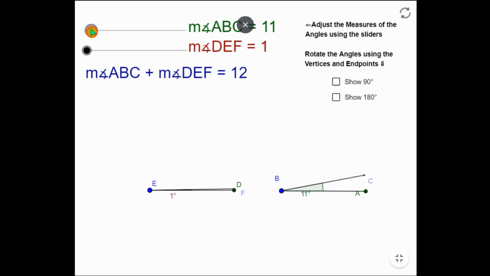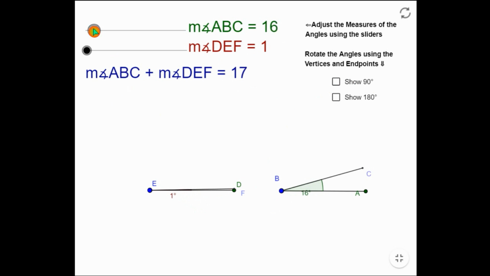If we try to rotate it and move, you will also see na nagbabago yung sum nilang dalawa. 17 degrees etong ABC, eto ay 1 degree pa rin. Pag plinas natin 17 plus 1 is 18. So, kailangan para matawag natin na complementary angles etong dalawang angle na to, dapat ang total ay 90 degrees.